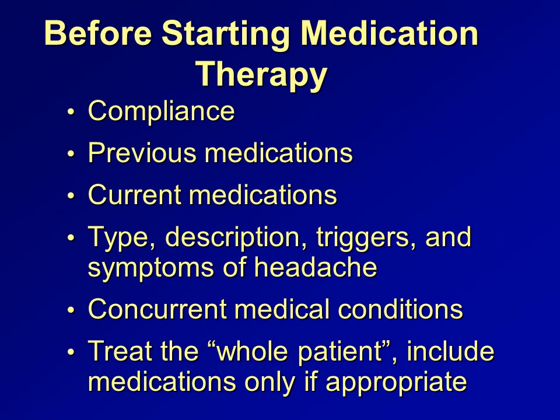Some examples for noncompliance may include frequency of dosing, cost, route of administration, or perhaps the patient is searching for other types of medications, such as narcotics, and is not satisfied with the medication selection. Involving the patient in medication selection can improve compliance. Previous medications and determination of dose optimization without side effects is important in determining if a medication has been tried and is truly ineffective or could be rechallenged.